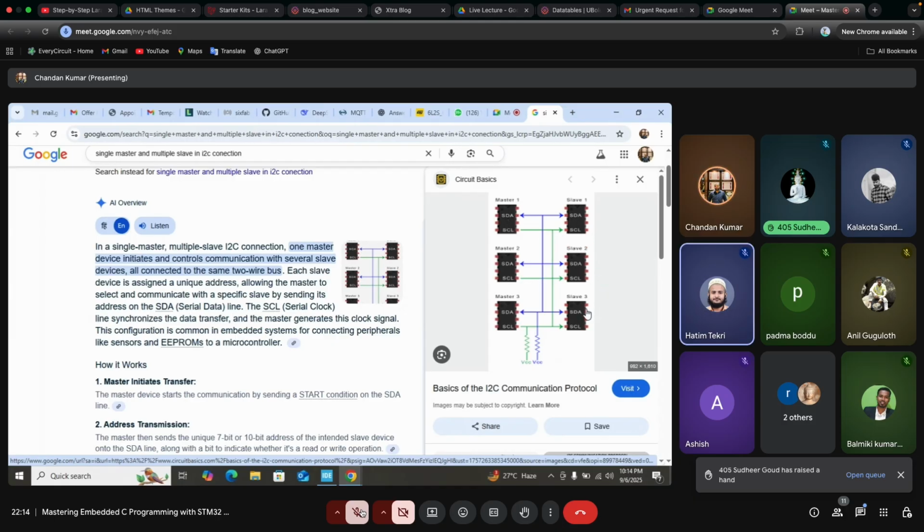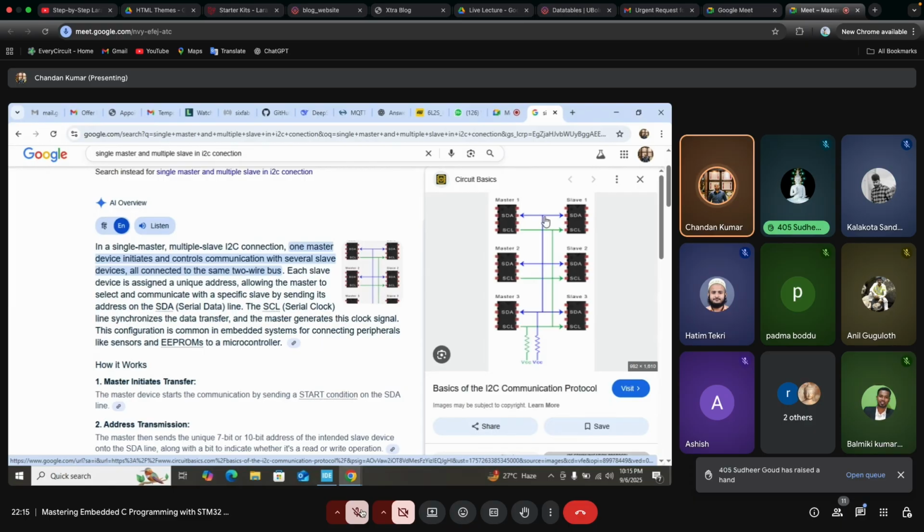Okay, so master 1 data pin is connected to slave 1 data pin and master 1 clock pin is connected to slave 1 clock pin. Similarly, this data pin of master 1 is connected with data pin of slave 2 also.